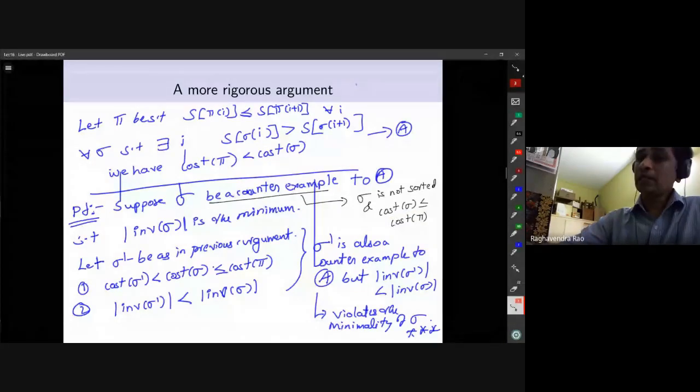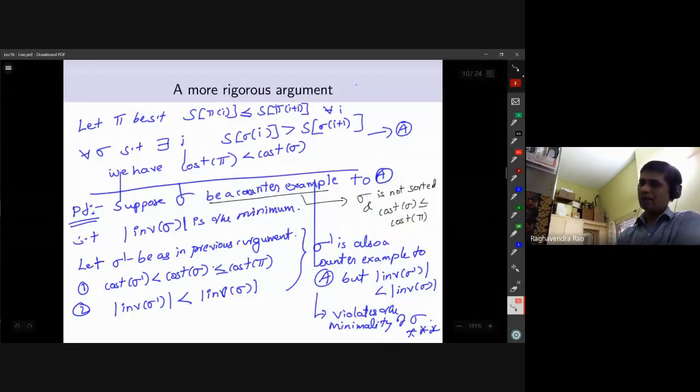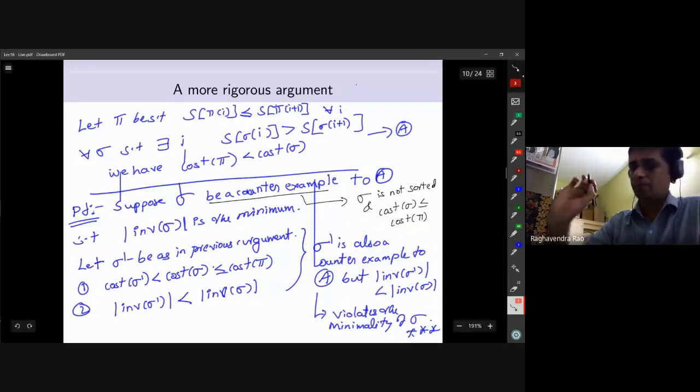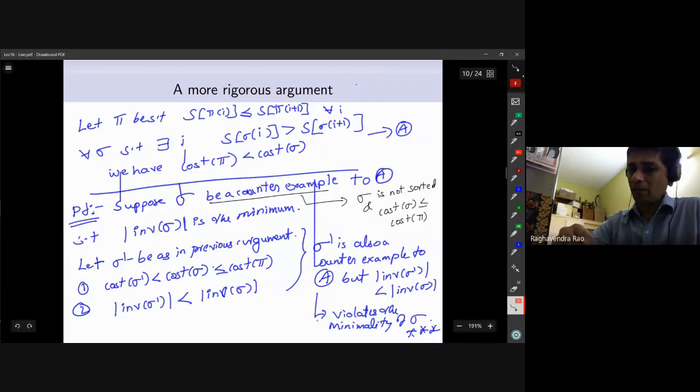Among these, we have chosen a sigma. If there is one such sigma, surely there will be a sigma where the number of inversions is a minimum. So we just considered that. But in our previous construction, we got hold of sigma prime, whose cost is less than the cost of sigma. Hence, it also satisfies this condition.